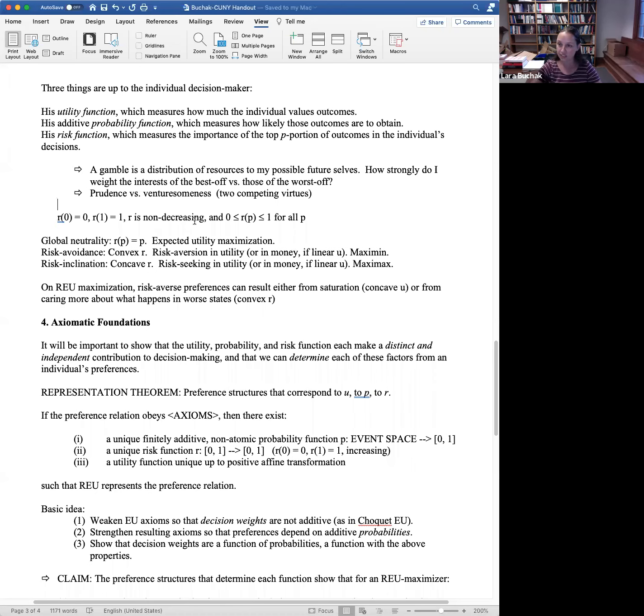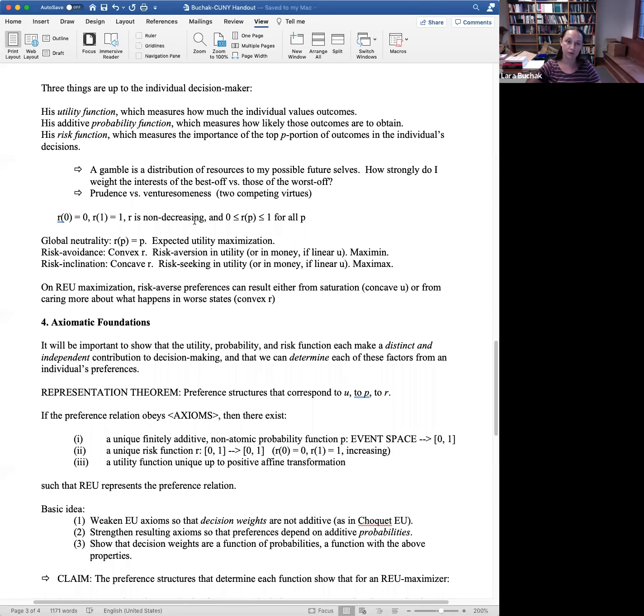So the risk function is like that. It says, here's this goal in practical reasoning. There are these two things that are often in conflict: making sure things go as well as possible in the worst cases and making sure things have some chance of going as well as possible in the best cases, and each individual has to choose how to trade them off. Okay, so we can characterize three states.